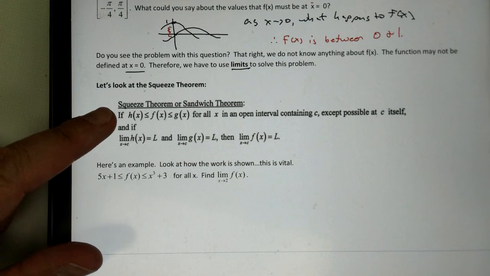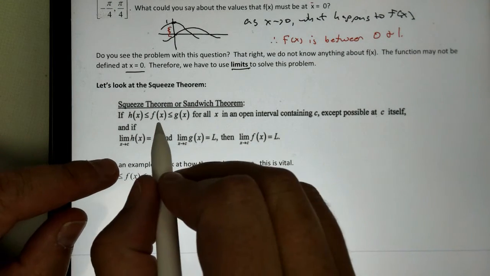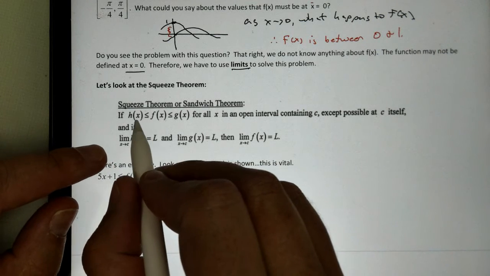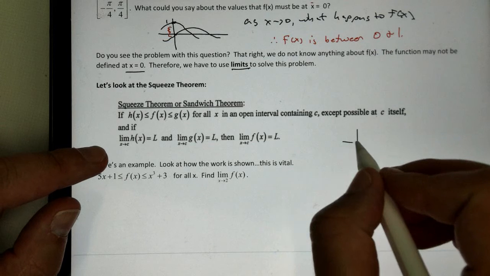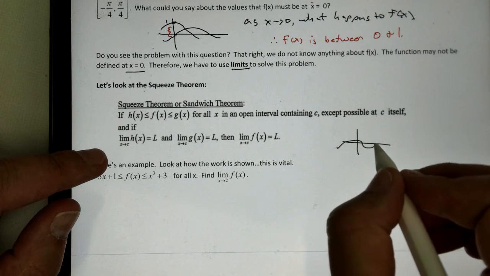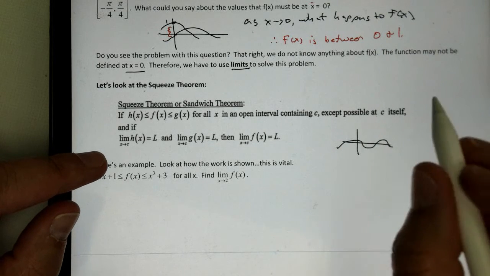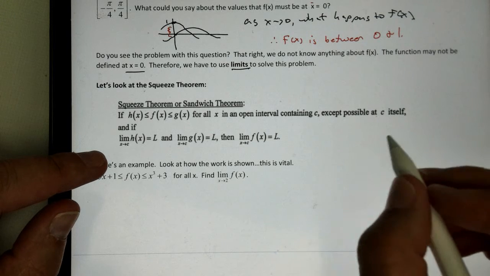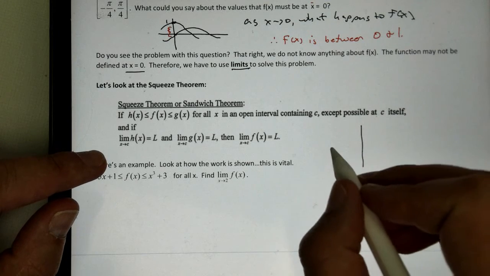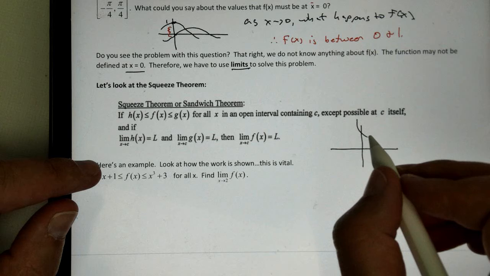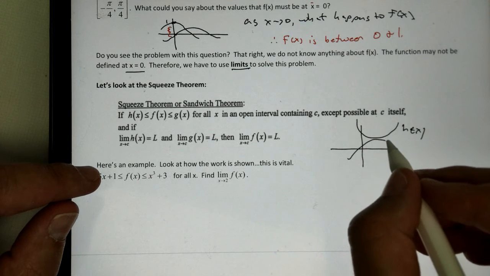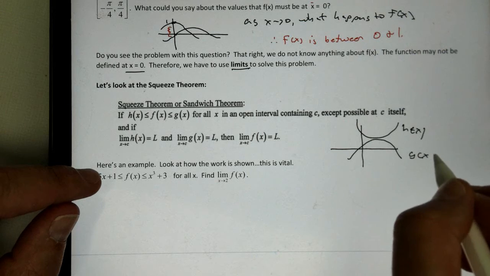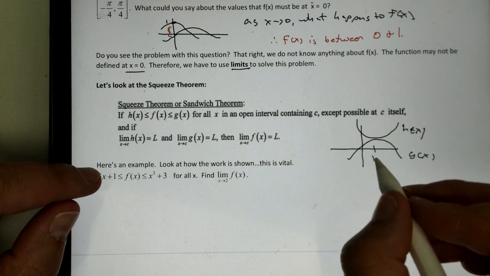The squeeze theorem says, if you have a function f of x between h of x and g of x. So let's say we have two known functions, h of x and g of x, and here's some random x value.